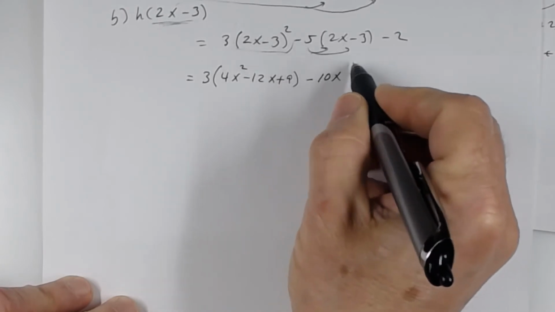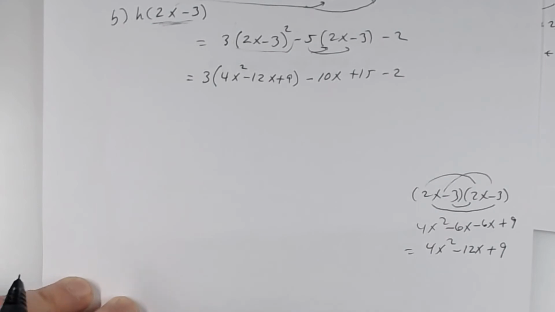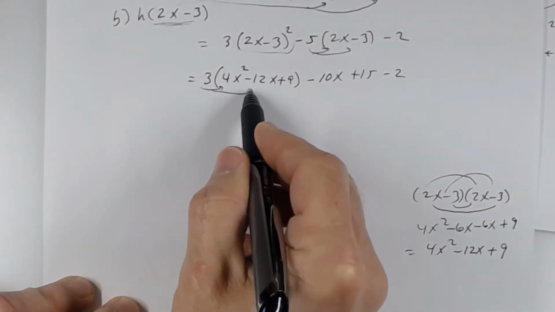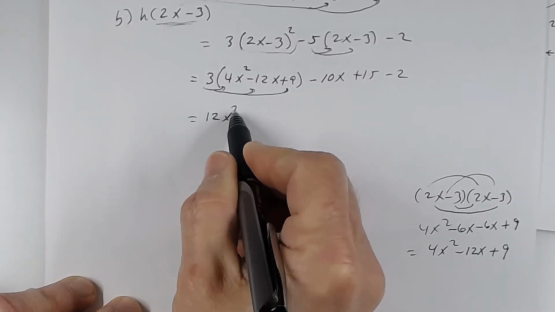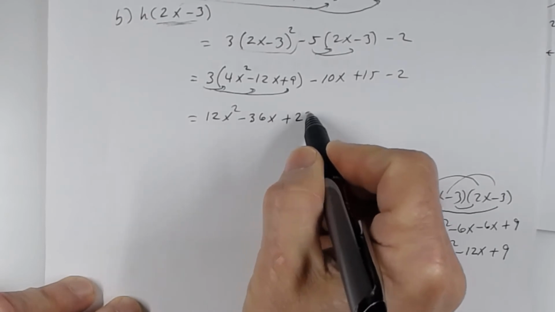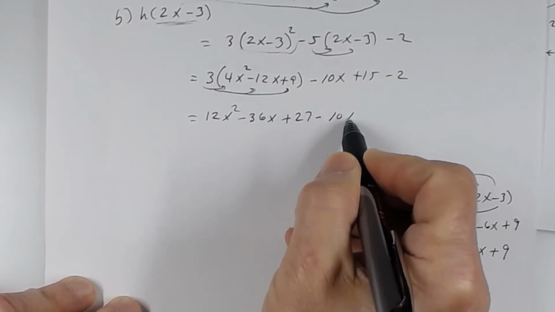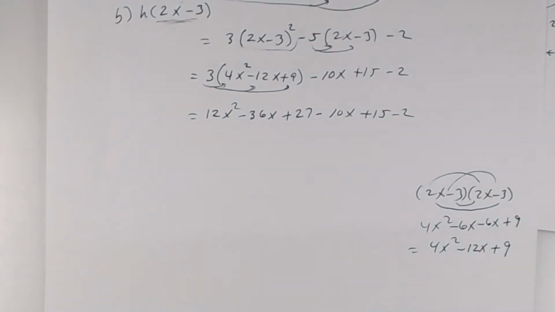Negative 10x plus 15 minus 2. Couple more steps and you're done. Now the next step is to distribute this. What do you get? 12x squared minus 36x plus 27. I'm writing everything else over. That's all I'm doing. So notice the steps, not difficult. And then finally, the last thing you do is what? Combine like terms.